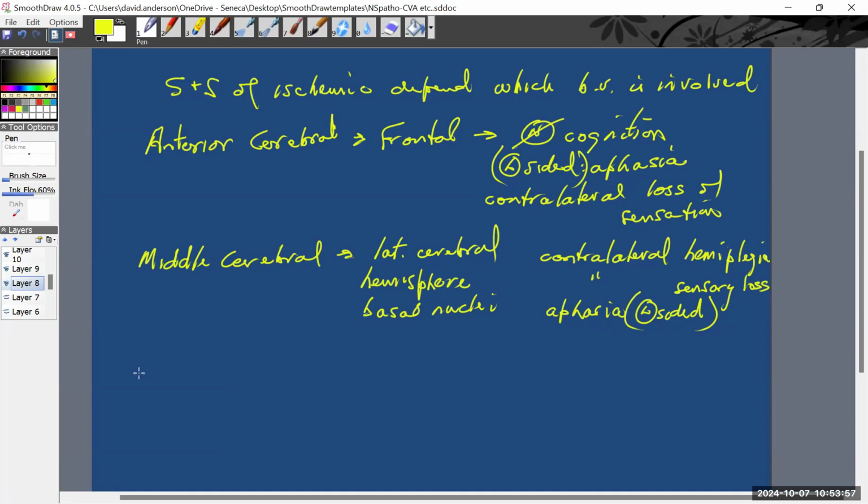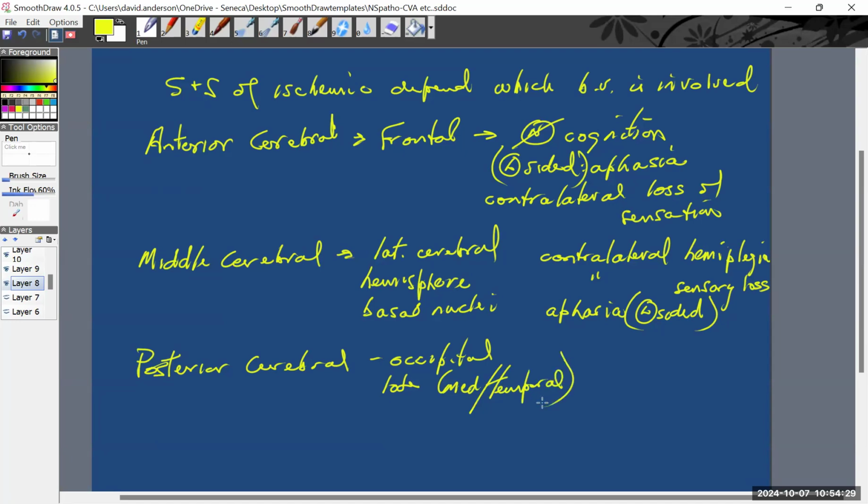So again, just be generally aware of the structures that these regions have responsibilities for. If we're talking about the posterior cerebral artery, now we're in the occipital lobe, and also the medial or temporal, right?